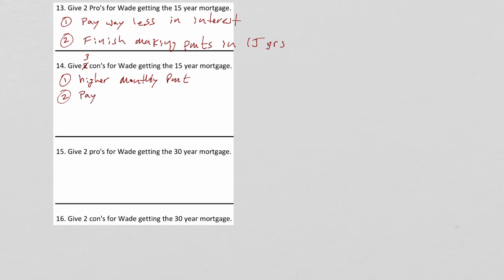Pay for less time, which means paying with less deflated dollars. So what that means is every year that you're making your payments, because of inflation, the value of each dollar that you're making your payment with decreases.